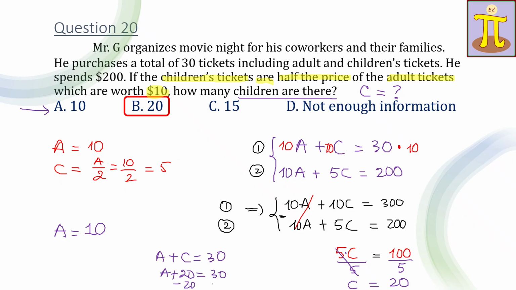So you get 30 minus 20, that's 10. When you solve like that and then you choose A, but they don't ask for the number of others, which is 10. They're just asking for the number of children there, okay? So make sure you read the question carefully and answer the question.